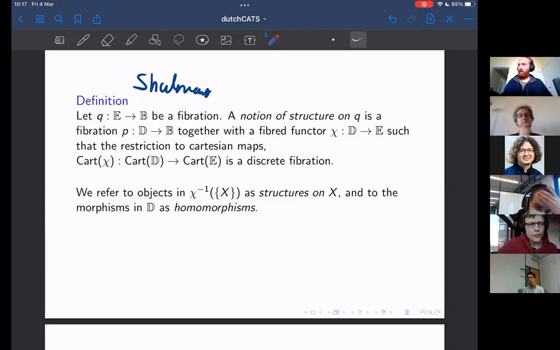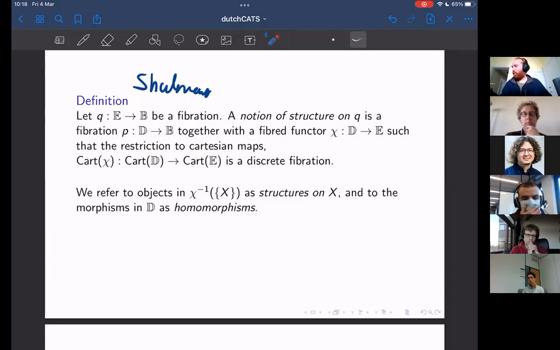Because of this, it restricts to the wide subcategories of C and D of just the Cartesian maps. In other words, we just keep these re-indexings, and then we throw away the vertical maps. So you throw away the notion of morphism, if you like.